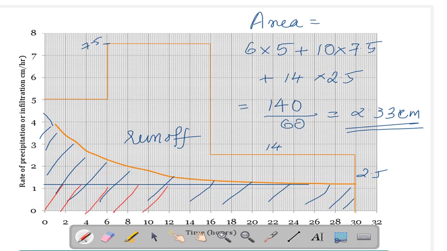This is 1.2. So that area is 1.2 into total 30, divided by 60, converting that into hours. Here time is in minutes, not in hours. 1.2 into 30 divided by 60. So I will be getting 0.6 centimeter.